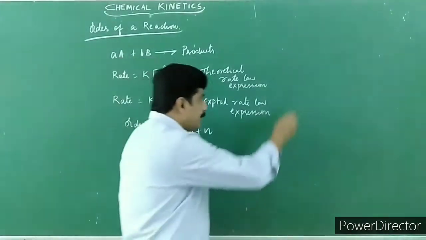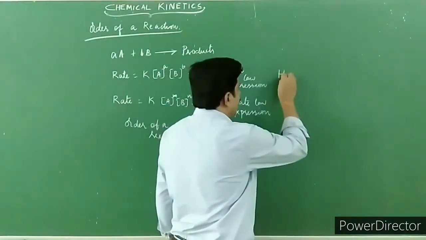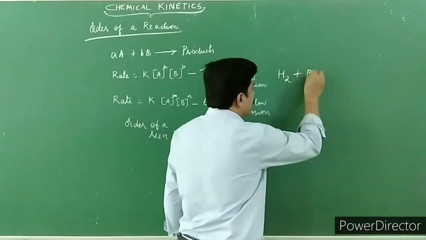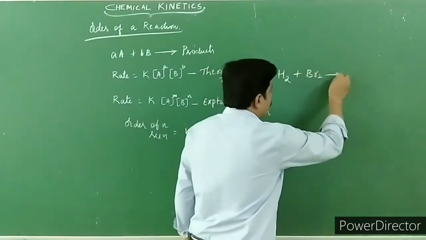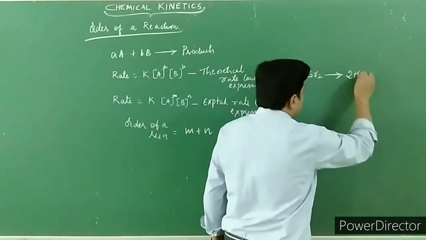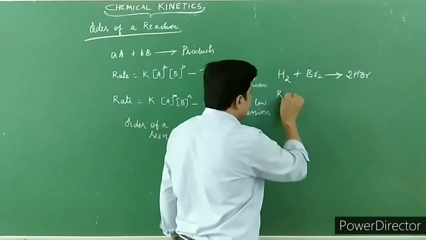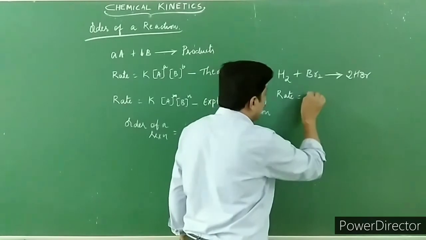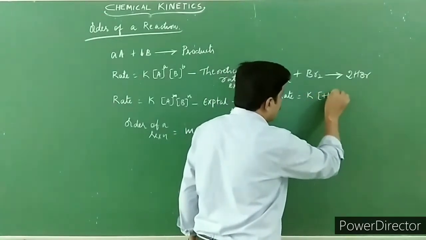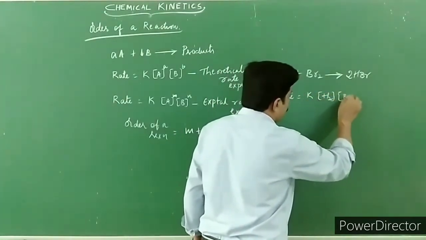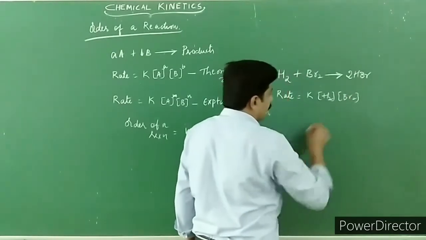Let me quote one more particular example. Children, look at here. Hydrogen combines with bromine to form 2HBr. Now, look at here, the rate law expression, right? The rate is equal to K into molar concentration of hydrogen into molar concentration of bromine. Look at it, children.